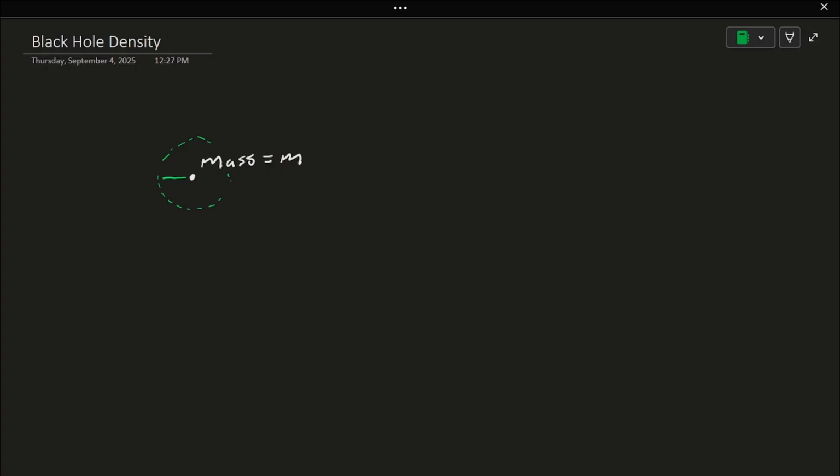To do that, we would start with developing an equation to calculate escape velocity. And a good way to do that is to look at the equation for calculating mechanical energy of a body being acted upon by gravity. Initially, I'm going to give you the equation, and then we'll explain it. So let's say we have some other body over here, and it is some distance from our mass.